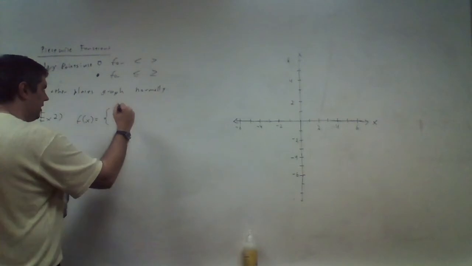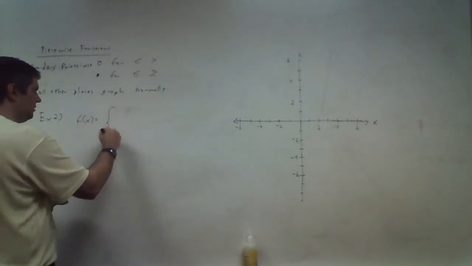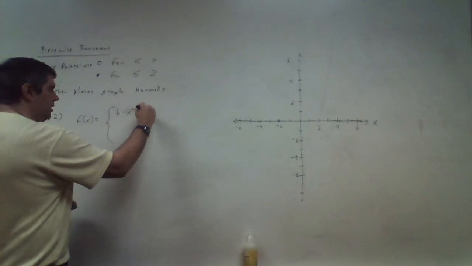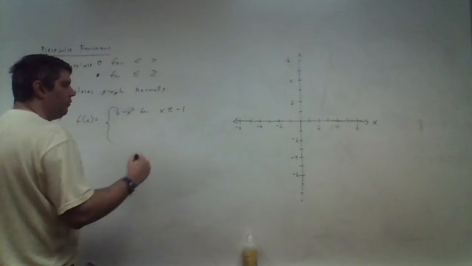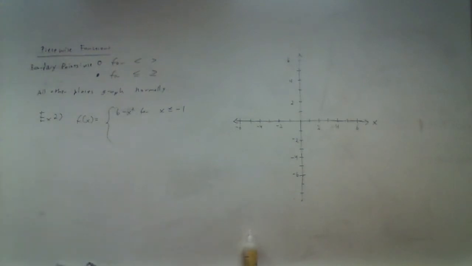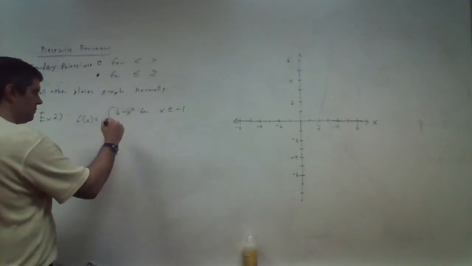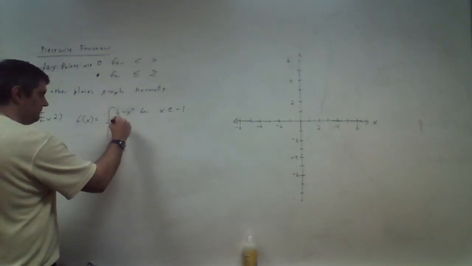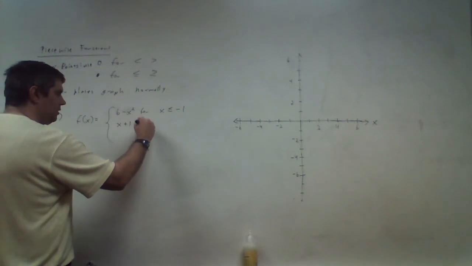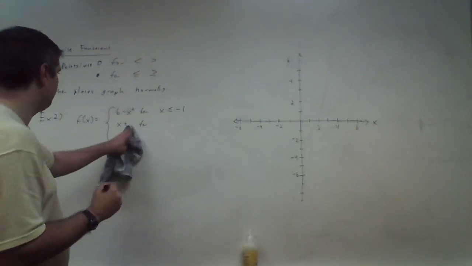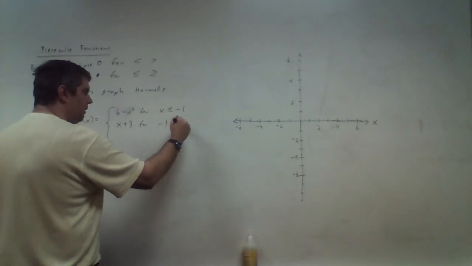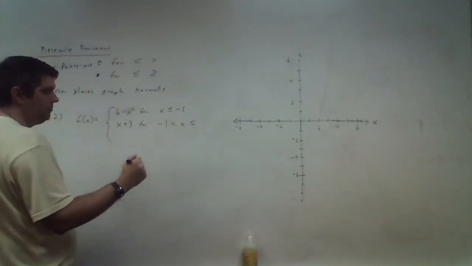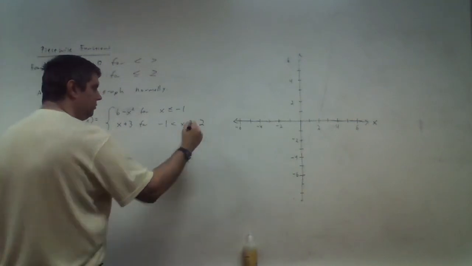I'm going to do 3 pieces. 6 minus x squared for x is less than or equal to negative 1. x plus 3 for x is between negative 1 and 2.